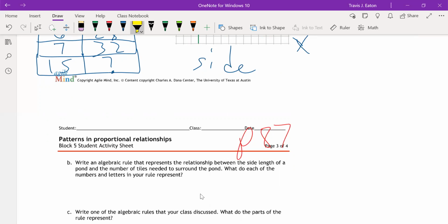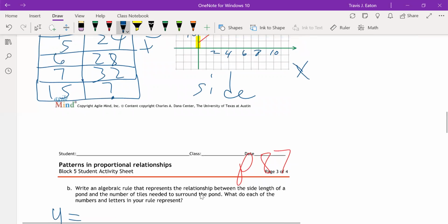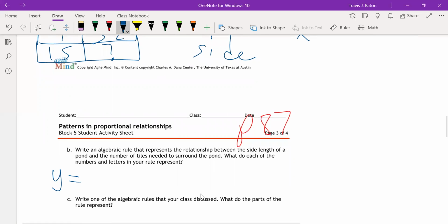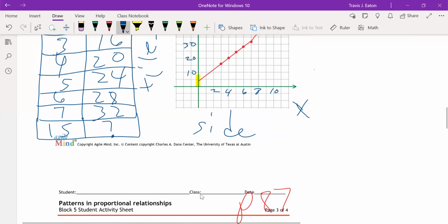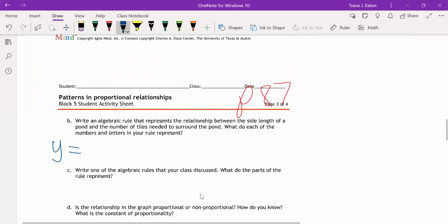So what do each of these numbers and letters in the rule represent? Remember, we want to write this algebraic rule, and it's going to look something like y equals something. If we take the values from the table or the graph, we had x and y.